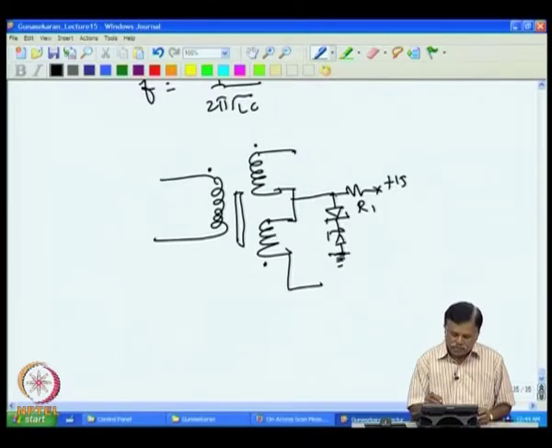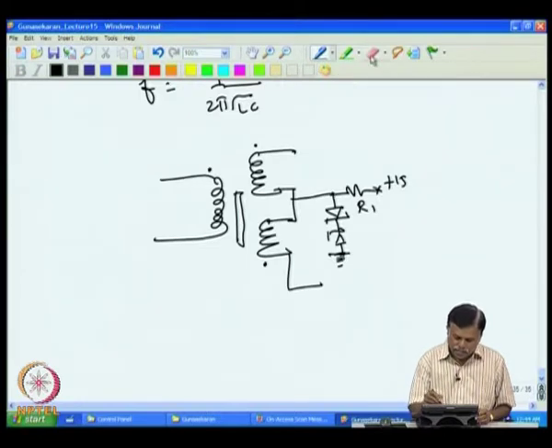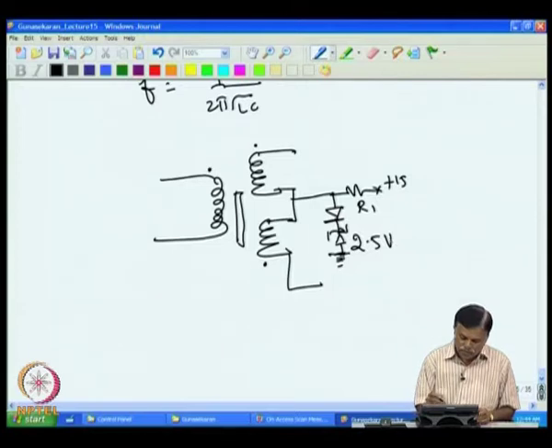So, instead of connecting this to ground, I am keeping it at some potential here. Actually there is an error here, this is a diode, not a Zener. So, it has a diode and then a Zener, say a 2.5 volt Zener, and the diode is connected like this. Now, to rectify this, I will put the diode like this.